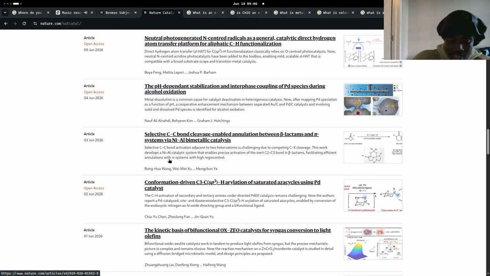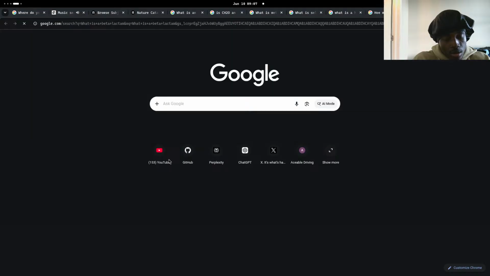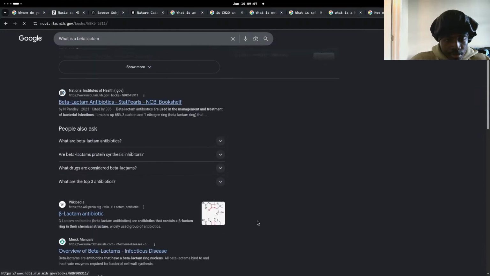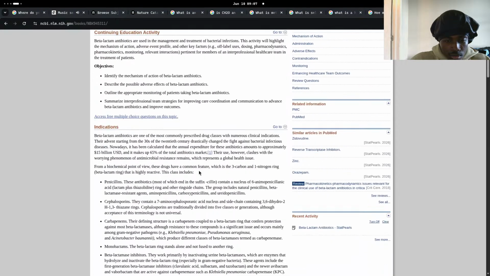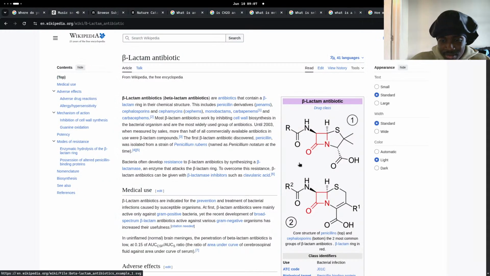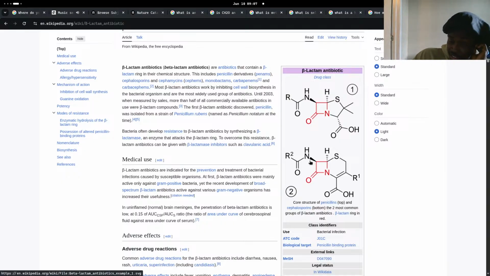Okay. So beta lactams. What is a beta lactam? A chemical ring structure that serves as a core foundation for antibiotics. Is this a cycloamine ring?